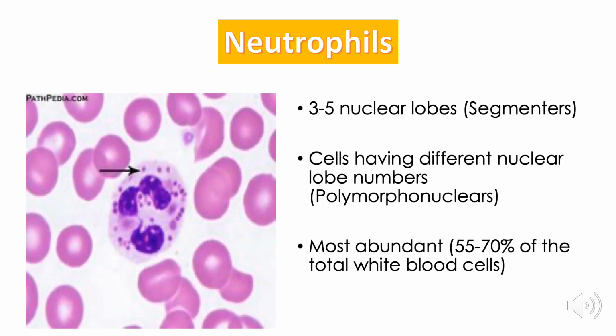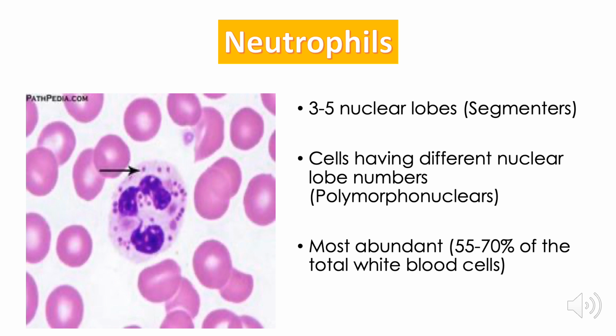Let us first start with neutrophils. Take a look at the picture of the neutrophil in the PowerPoint slide. Can you appreciate that it has lilac pink granules? Focus on its nucleus. Unlike other cells in the body, which have a round-shaped nucleus, the nucleus of neutrophils is lobulated, and the lobes can range from 3 to 5. Since the nucleus of a neutrophil is lobulated, this cell is also known as segmenter because the nucleus is somehow segmented.